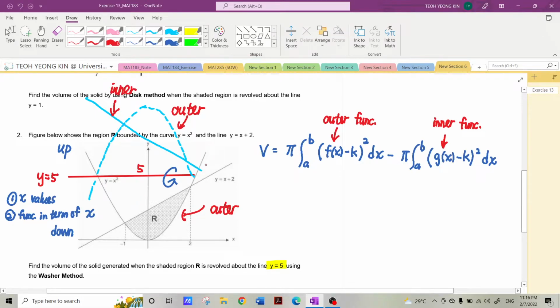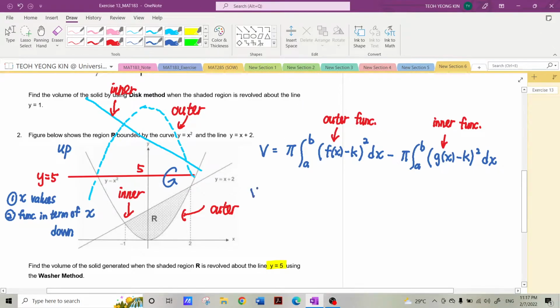You can try to imagine this one. So here will be the inner function when the shaded region revolves about the line y equals 5. This is outside and this is inside.